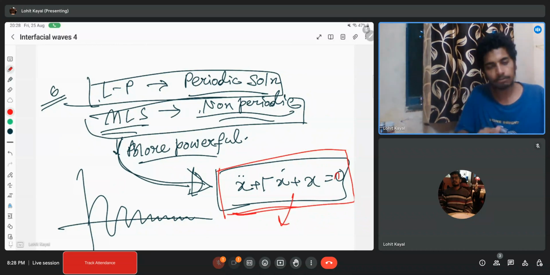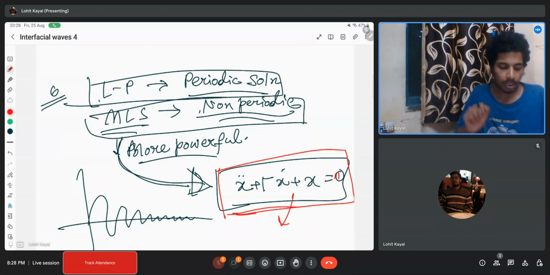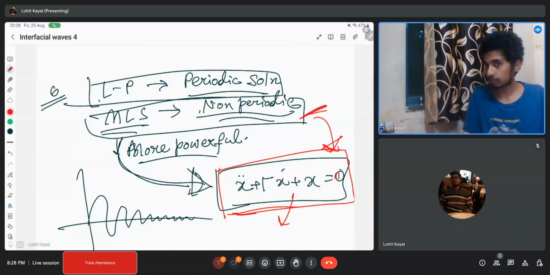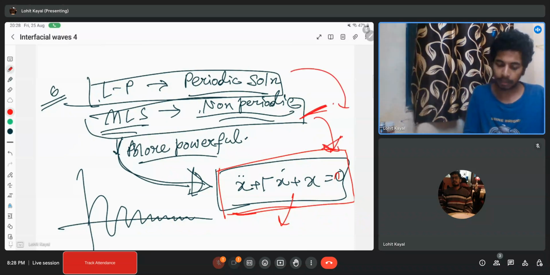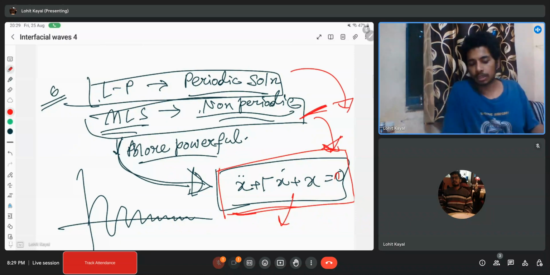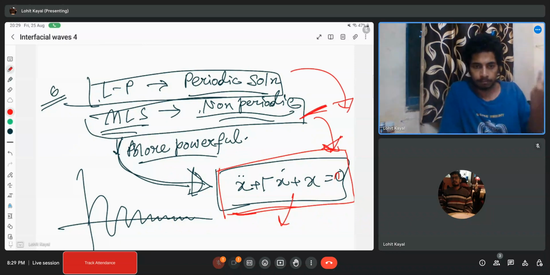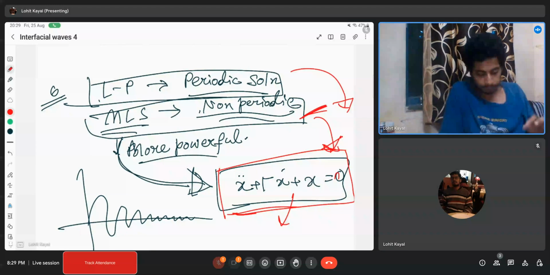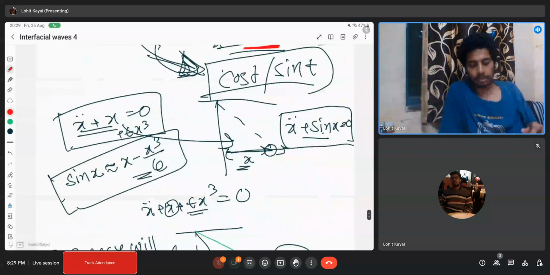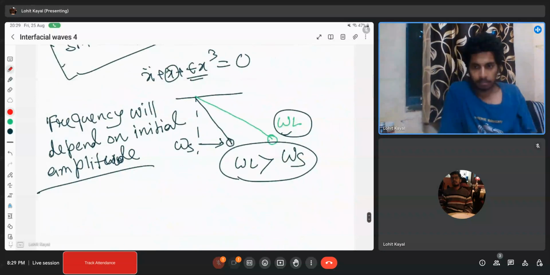You already know the analytical solution of this equation, and you try to solve it using the Lindstedt-Poincare technique and the multiple scale technique. You will find that the multiple scale technique gives the correct answer compared to the analytical solution, but the Lindstedt-Poincare technique fails to do that, because there is viscosity in the system and Lindstedt-Poincare essentially works on periodic systems. So we have learned the one-to-one correspondence between the Lindstedt-Poincare technique and the multiple scale technique.